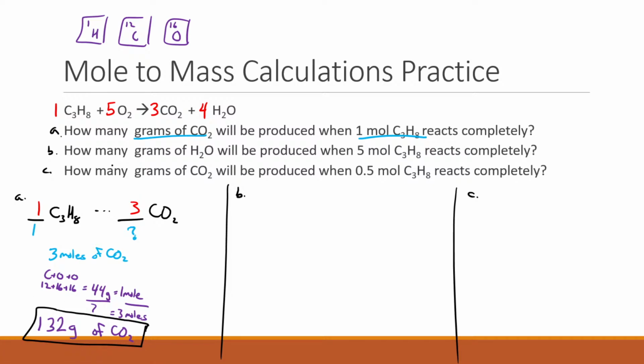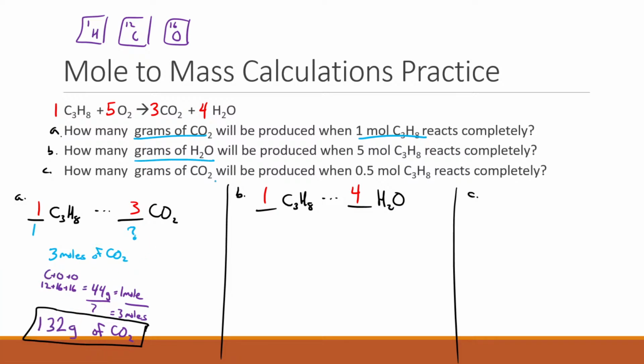For the second one, how many grams of H2O are produced when 5 moles of C3H8 reacts completely? So again, we're going to pull our necessary pieces from our balanced equation. All right, we know a 1 and a 4 go here.